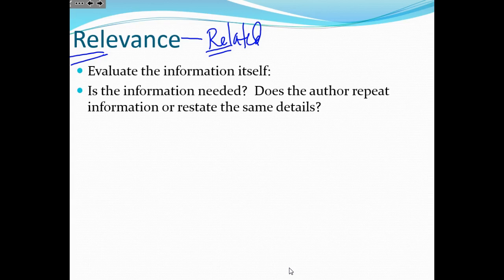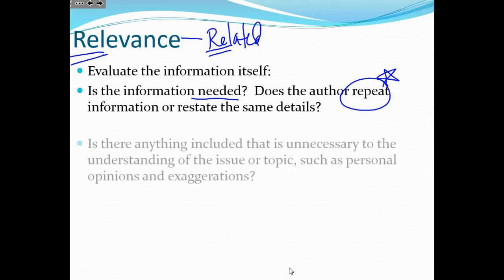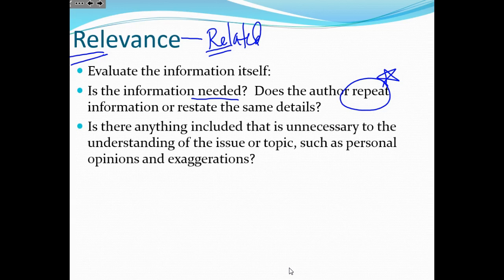Is this information needed, or is it repetitive? If it's repetitive, then it's not needed. Is there anything included that is unnecessary to the understanding of the issue or topic, such as personal opinions or exaggerations? If you see personal opinions and exaggerations, that's irrelevant.